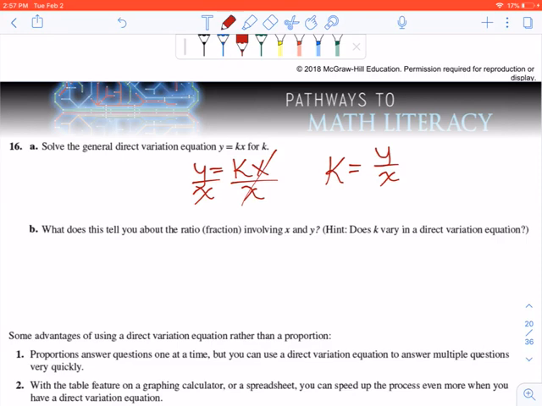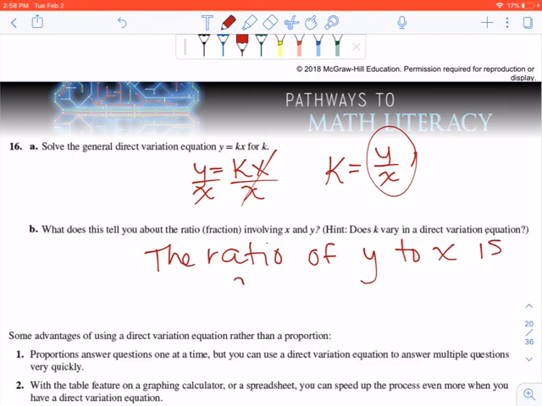The ratio of y to x is a constant, right? So for any given situation, that ratio of y to x is a constant K. So it's just a number.